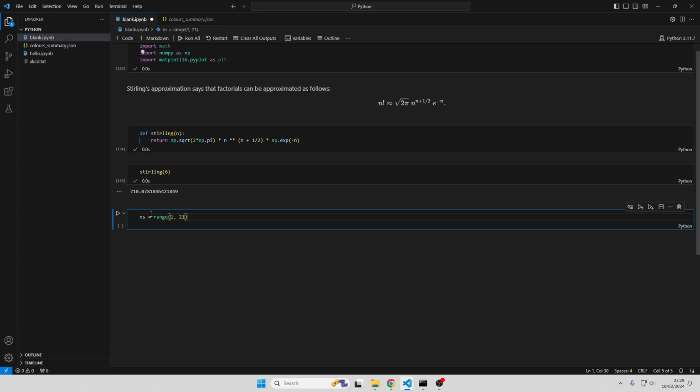We've got n's in the range 1 to 21. So range 1 to 21 is, as usual, it stops at 20 rather than 21.